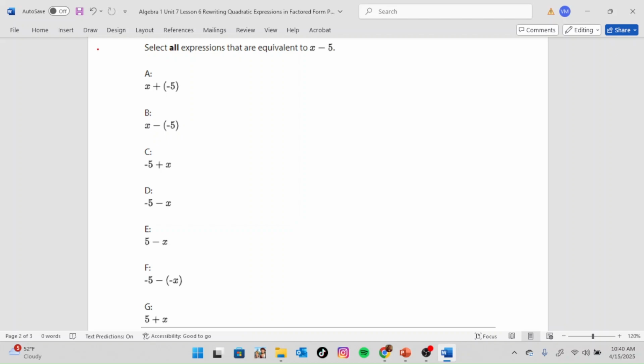And we're taught that the order of addition doesn't matter because 2 plus 3 and 3 plus 2 are the same. But a lot of times we are taught that the order of subtraction matters because 2 minus 3 is not the same thing as 3 minus 2.